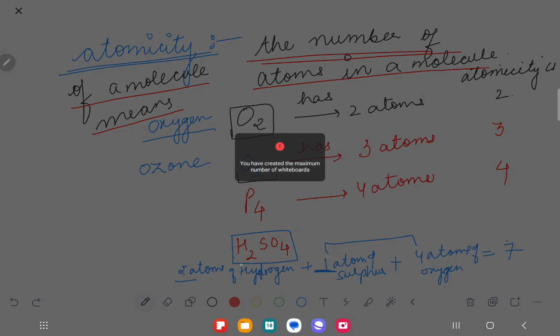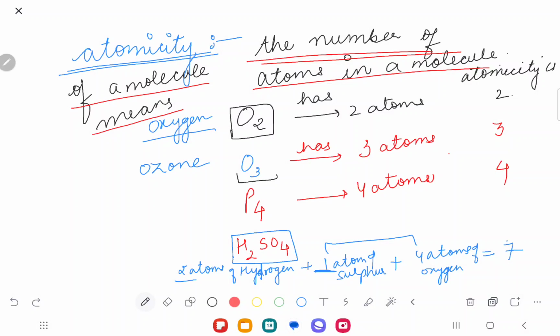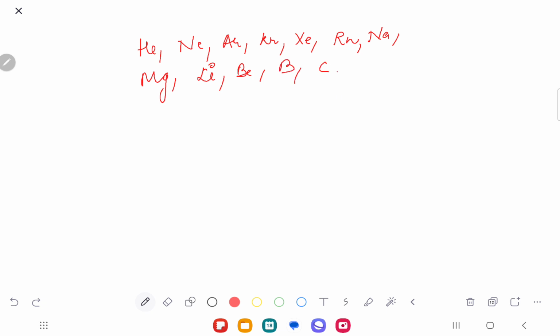Now, there are certain substances, for example helium, neon, argon, krypton, xenon, radon, sodium, magnesium, lithium, beryllium, boron, carbon, etc. For all of these, we do not write down any number.